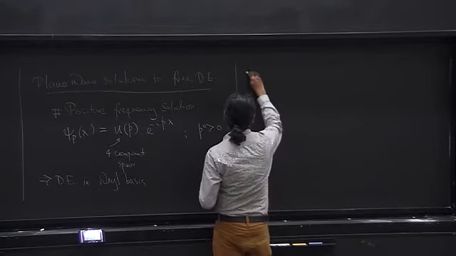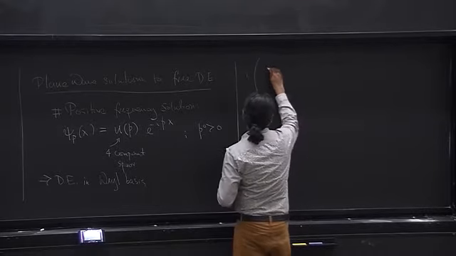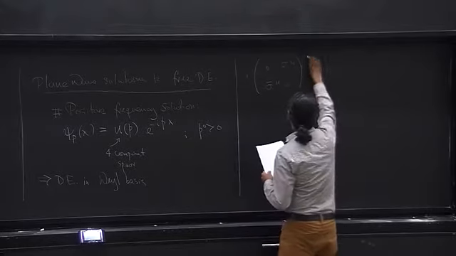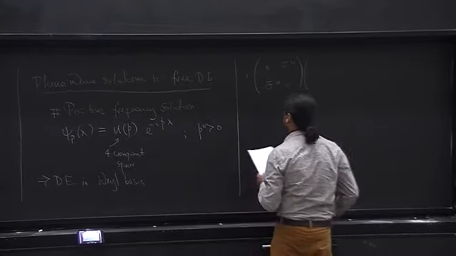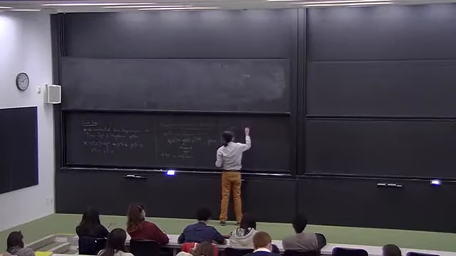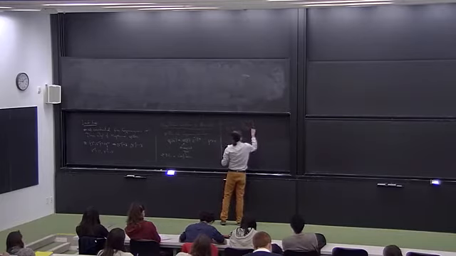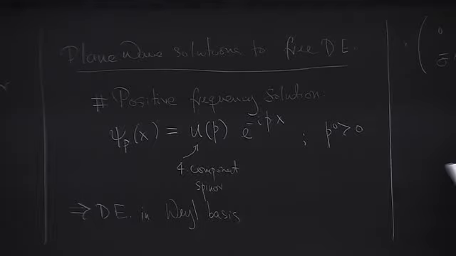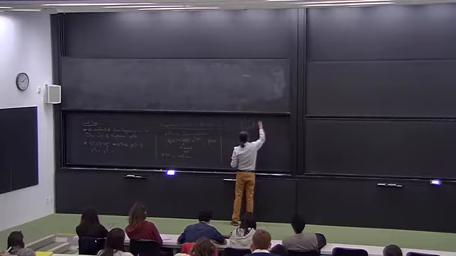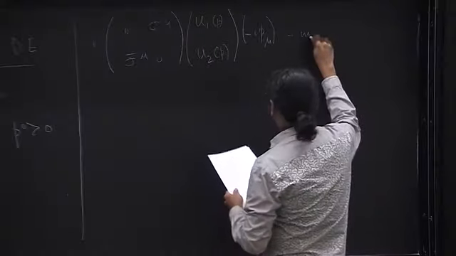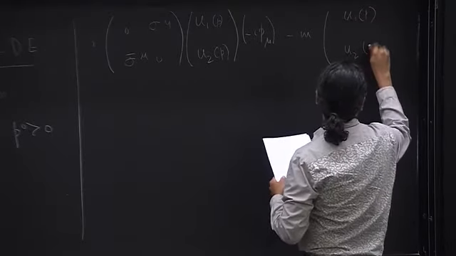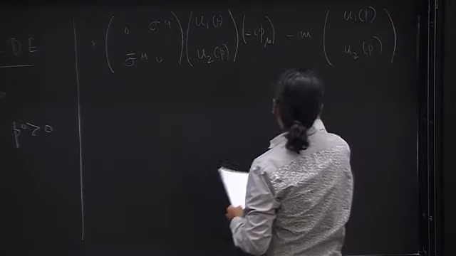So we recall that in the Weyl basis, our gamma matrices look like this. I can write the 4-component spinors in terms of 2-component spinors. So U1 is the left-handed spinor, U2 is the right-handed spinor, and the derivative operator acting on the exponential gives me this. And then there should be a mass term. And that is equal to 0.